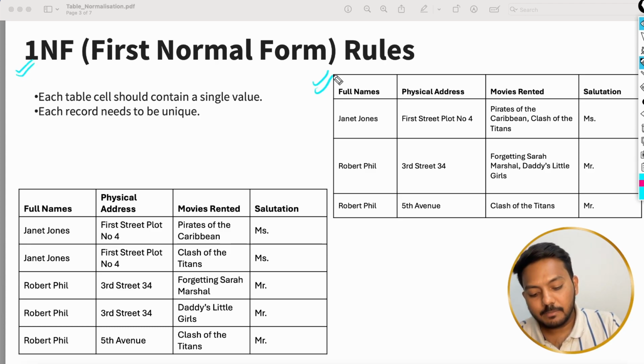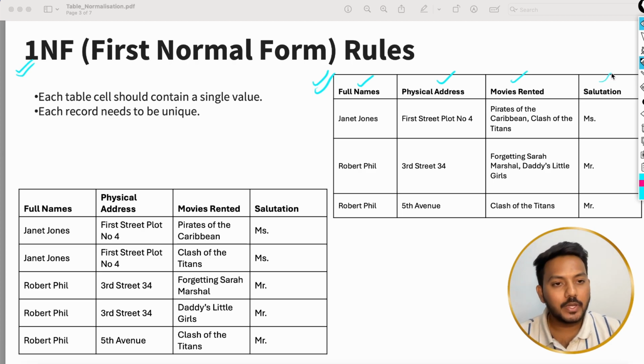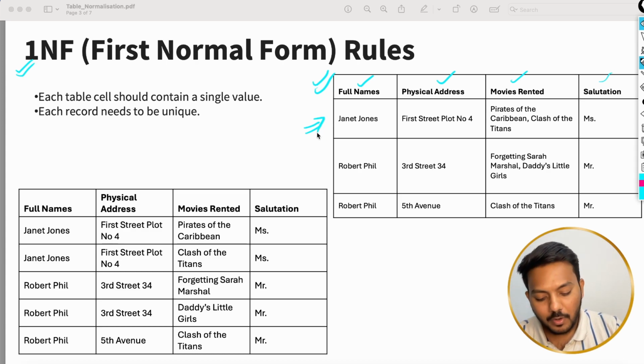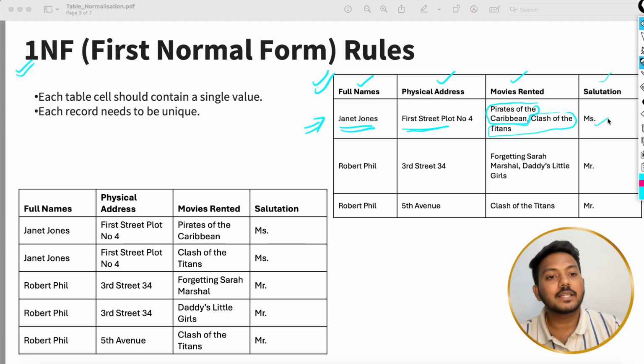Consider this is my original table, in which the columns are name, physical address, movies that the person rented, and the salutation. Salutation is basically either Mr., Mrs., Miss, or Doctor. It could be anything; it is just a representation. In the first record, I have a person called Janet Jones and her address, and she has rented two movies, Pirates of Caribbean and Clash of Titans, and the salutation is Miss.